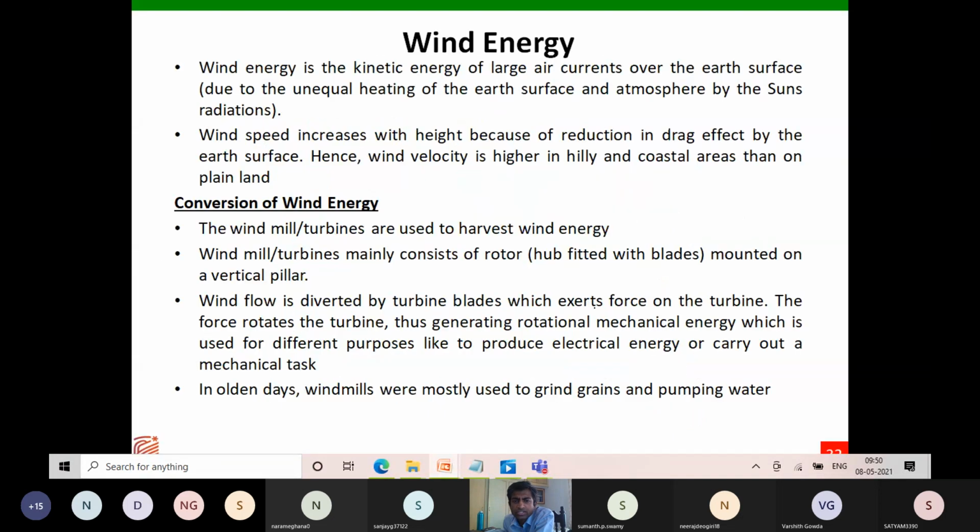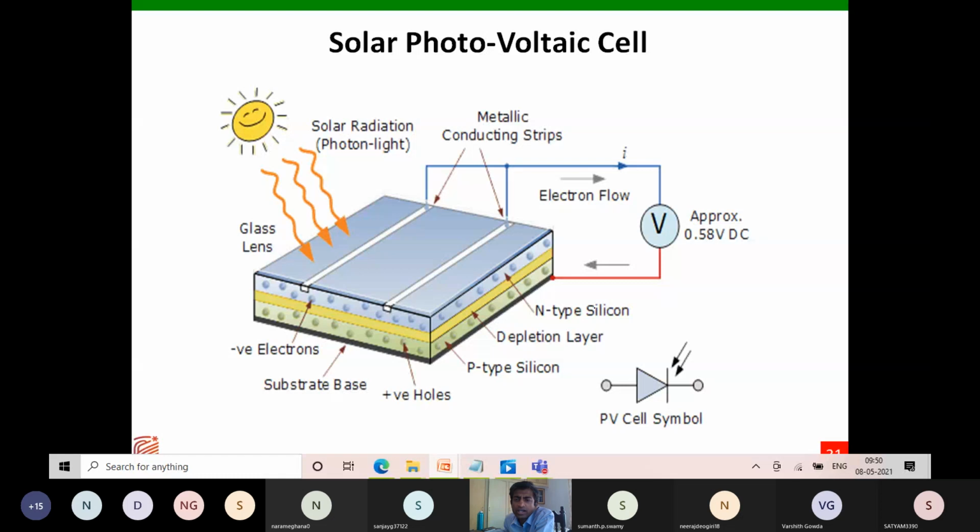There is some density difference that is created, and because of that there is some low lying area and high lying area. So when there is a density difference created, the wind starts moving from the high potential region to the low potential region. High potential region means, here I am referring to the wind where the density is very high.